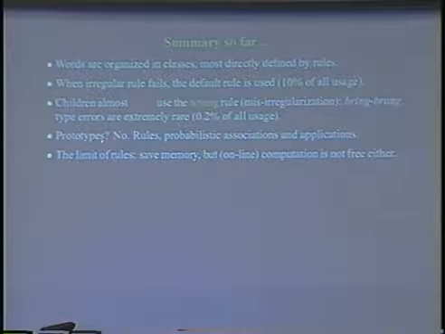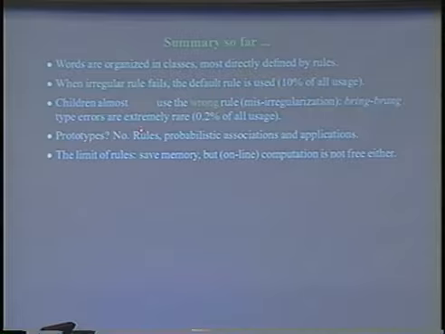And certainly they don't suggest anything like the prototypes you've heard in some theories. They're actually rules, with probabilistic association between words and rules, and also probabilistic application of a special rule over the default rule. This raises the important question of how far this rule-based approach can go. It saves memory, but it also adds a cost to online computation.